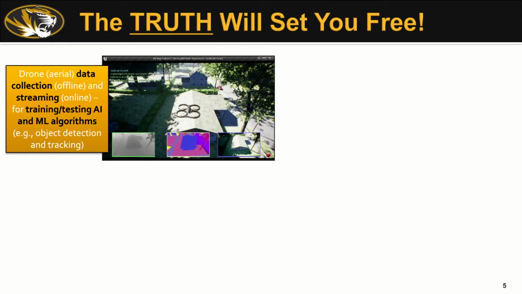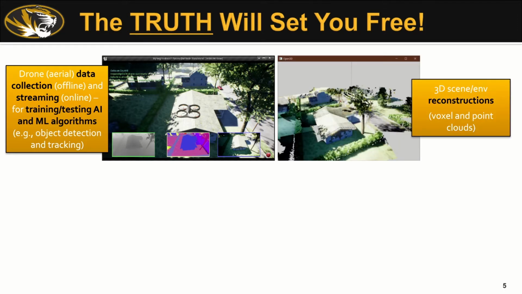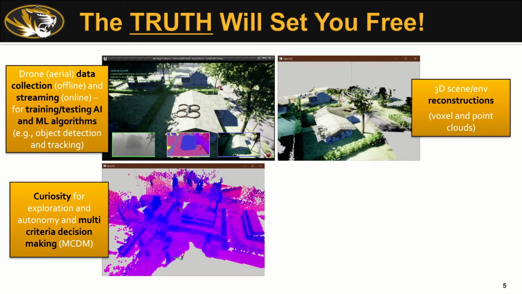So we can do this offline and just save out images. We can do it online and have an interactive approach. We can save the data out and use it to make 3D reconstructions if we save out the camera intrinsics and extrinsics. We can also use it to explore.